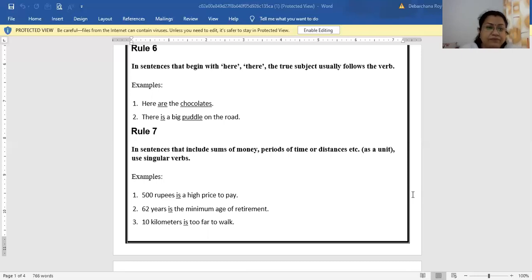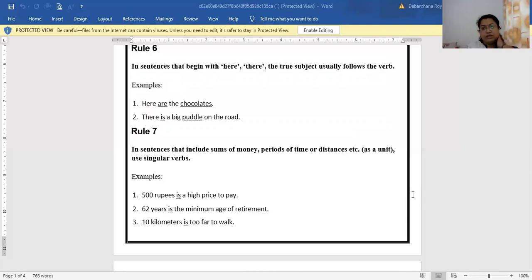Rule number 7. In sentences that include sums of money or period of time or distance, if we see that the subject is only about money, time, or distance, etc., as a unit, use singular verbs. आई बात समझ में?